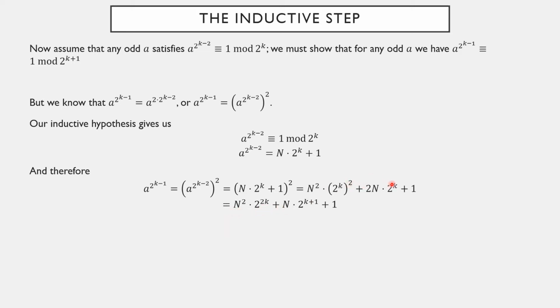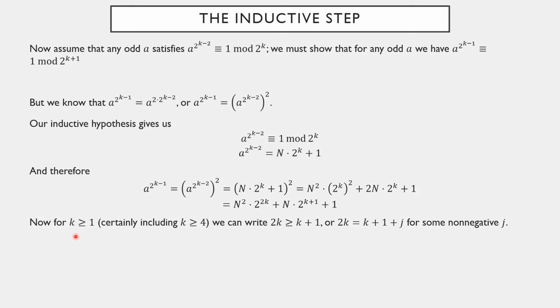This 2 I can absorb into this power of 2 and call this n times 2 to the k plus 1, plus 1. Now for any k 1 or larger, which certainly includes 4 or larger, 2 times k is definitely bigger than k plus 1. So this power of 2k can be written as k plus 1 plus some more stuff. It's actually a k minus 1, but whatever.